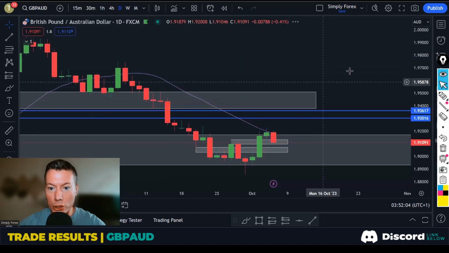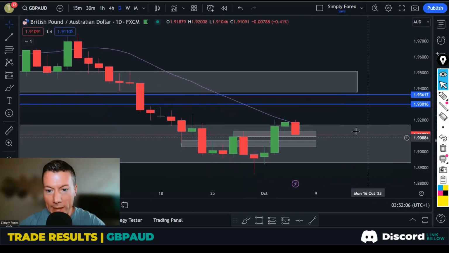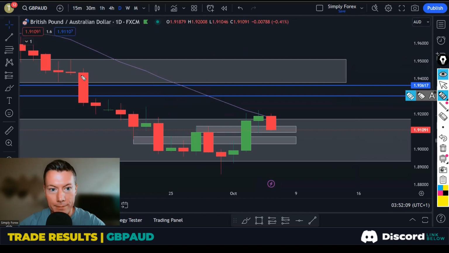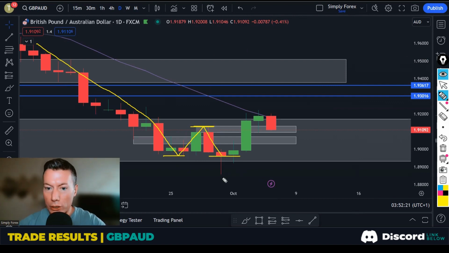If we look at the day chart, we'd literally just broken structure. We were in a downtrend, and this was the last lower high. We weren't making lower lows, which is always a red flag that structure is changing. And then kapow, in the words of Batman, we got this candle, and the body of this candle broke this high.